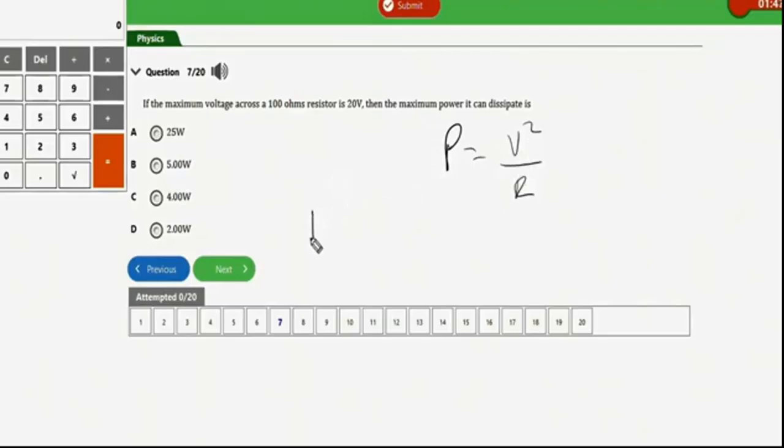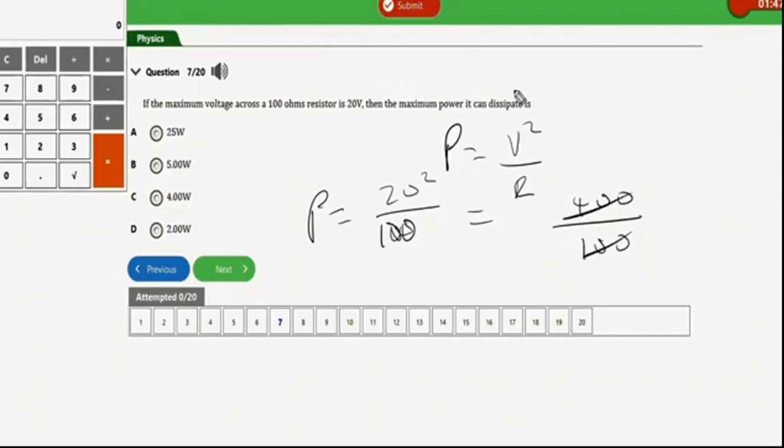You are looking for the power, so it's 20 squared over our resistance, which is 100. 20 squared gives 400, over 100. So the maximum power it can dissipate will be 4 watts. Option C is the correct answer to this question.